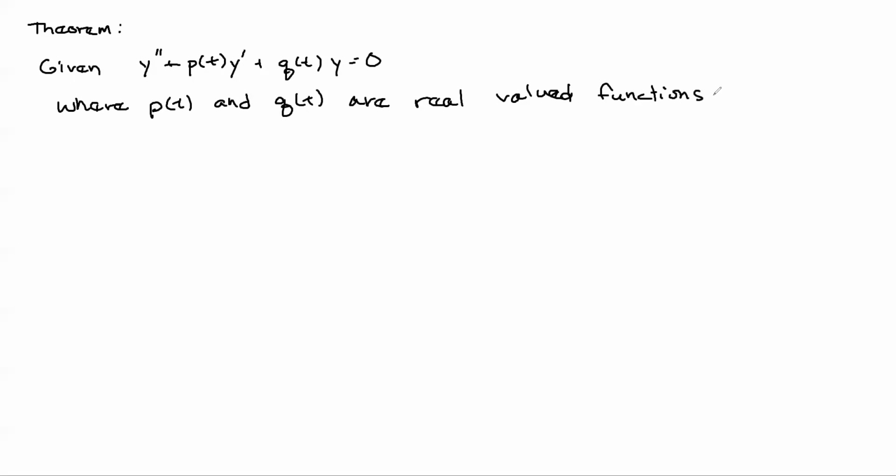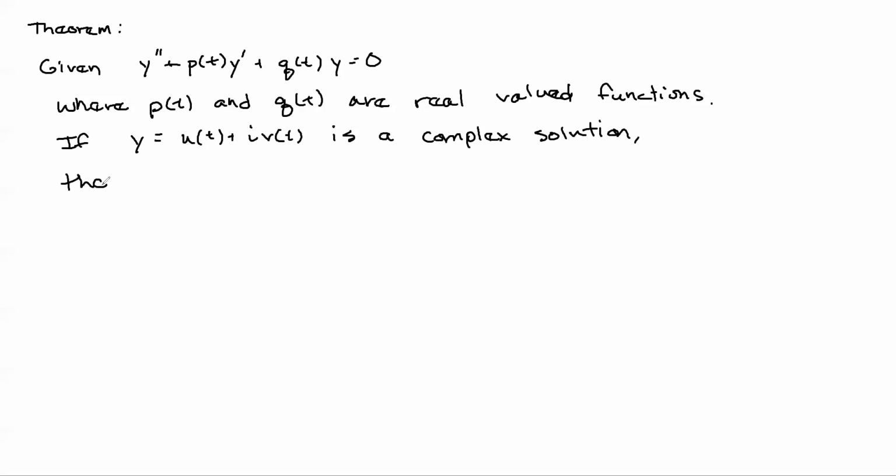And then if y equals u of t plus i times v of t is a complex solution, then both u of t and v of t are individually solutions to the differential equation.